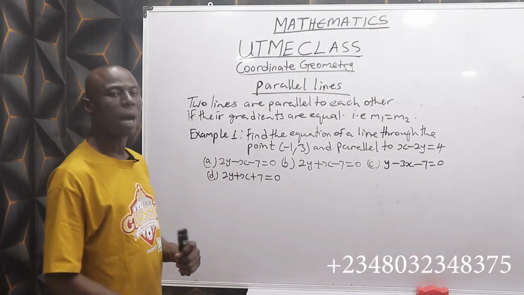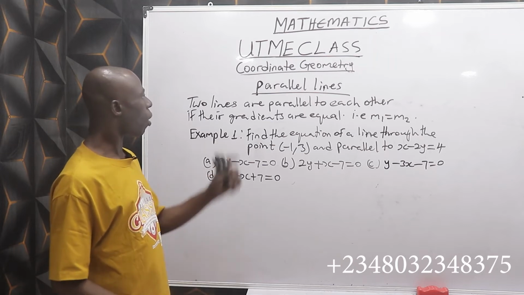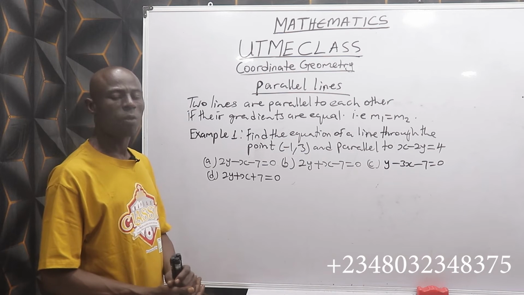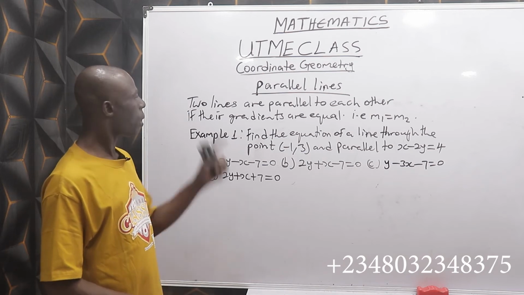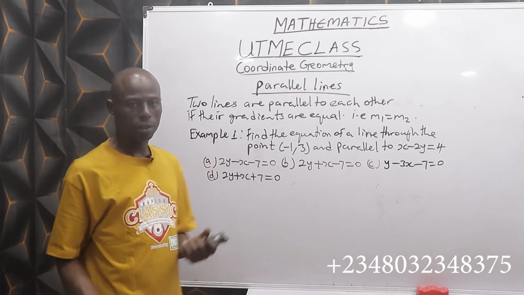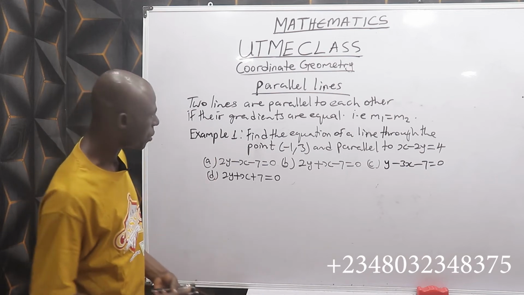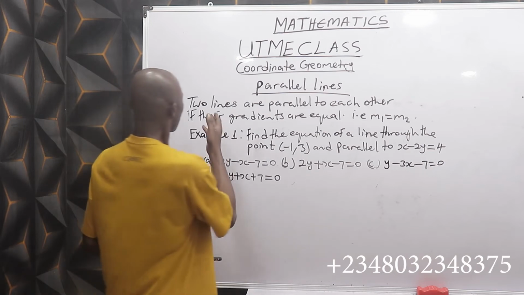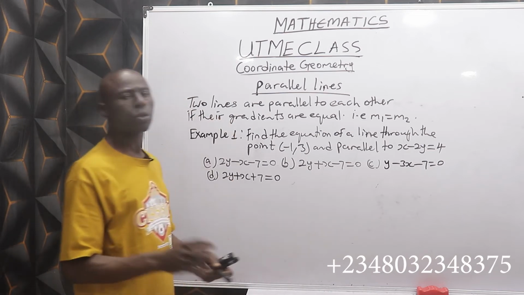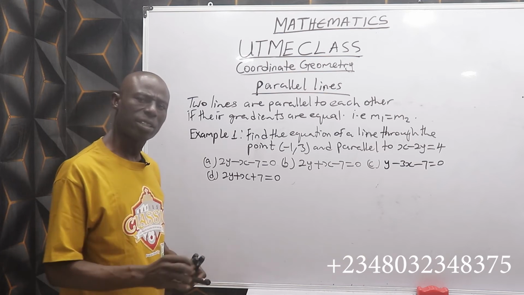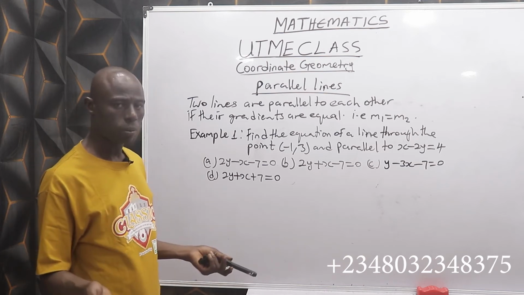We come to another concept under coordinate geometry, which is equation of parallel lines. I call it parallel lines, but we are going to be forming equations of parallel lines. When 2 lines are parallel to each other, it is obvious that their gradients are equal.